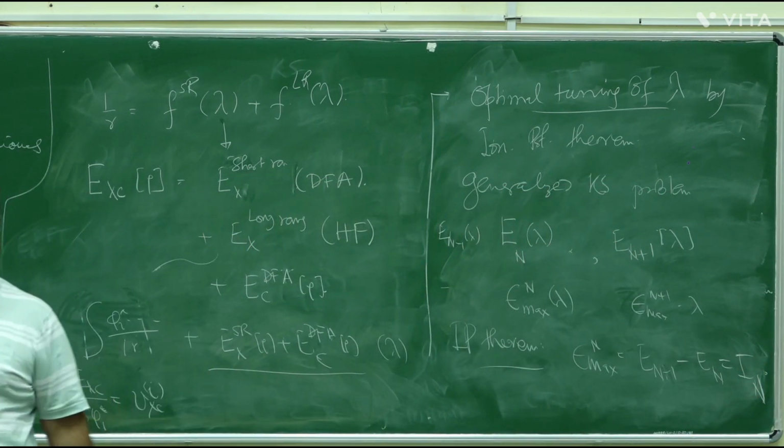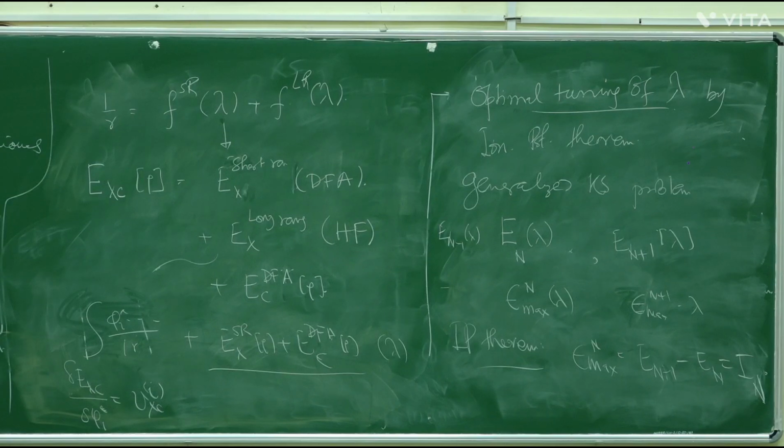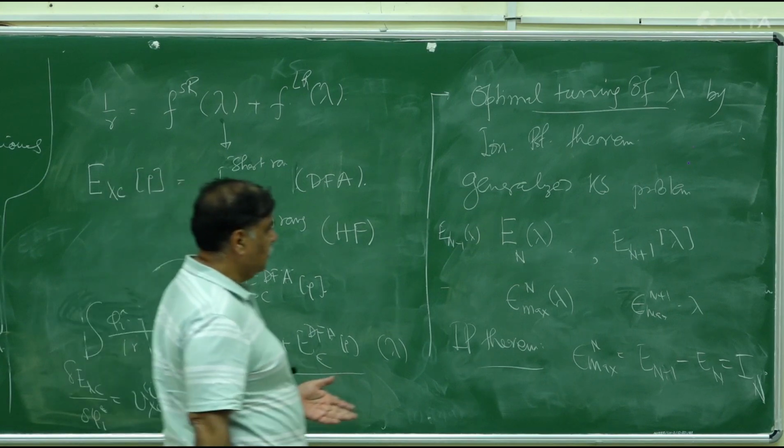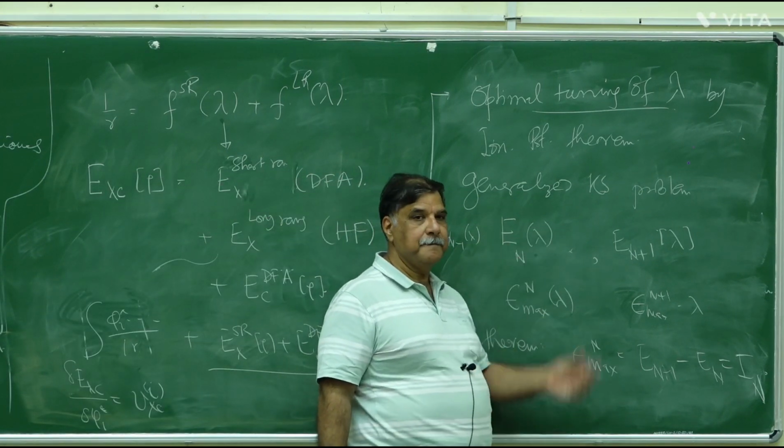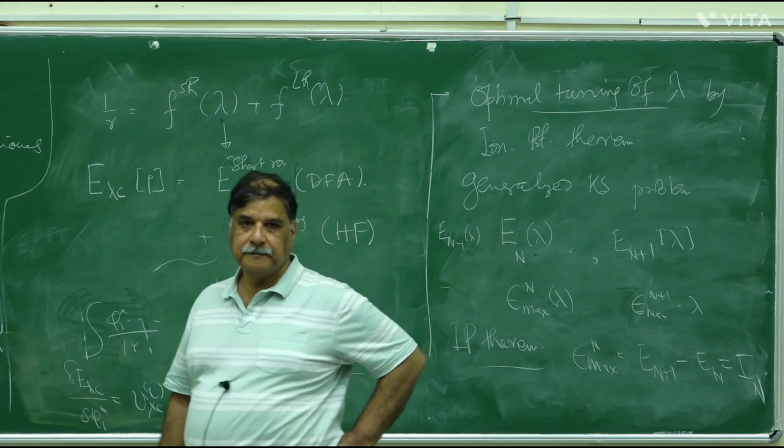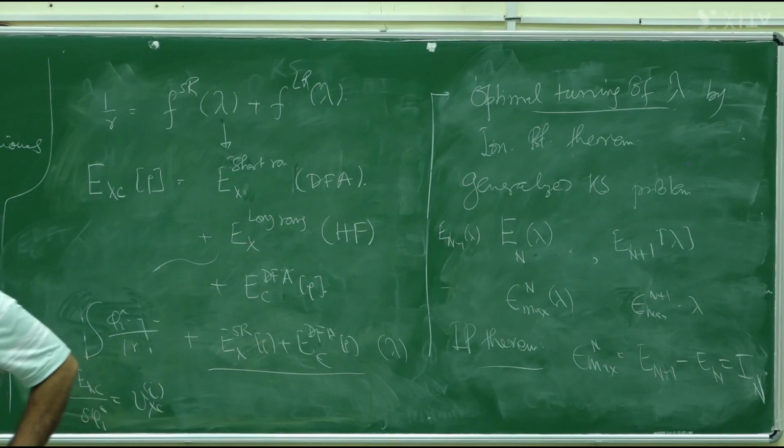You tune your lambda in such a way that this is satisfied, and then you fix that for that system. So you're trying to fix an exact property by tuning this lambda. Right, that's one way of doing it.